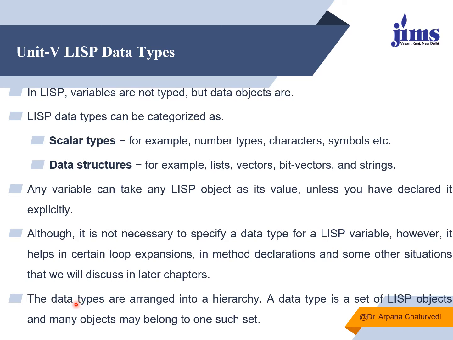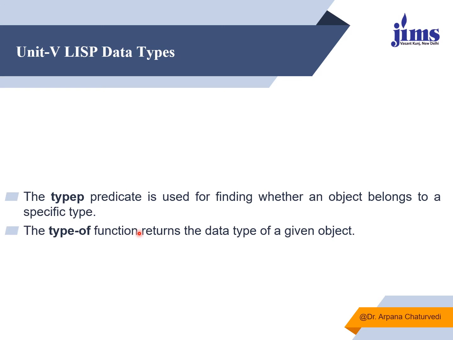The data types are basically arranged in a hierarchical form, and a data type is a set of Lisp objects and many other objects which belong to a particular set. To know which kind of object a particular variable is, we can use a predicate. The name of the predicate is typep.